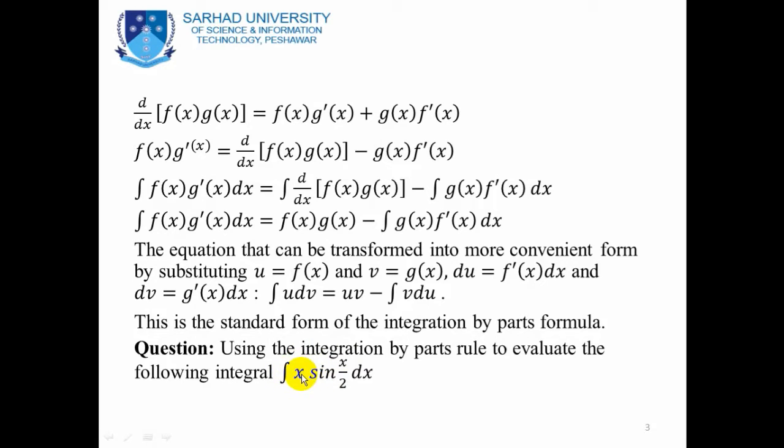So if we consider the polynomial as the first function, then since we apply the derivative on the first function in the formula, and by applying the derivative on the polynomial the power of the polynomial decreases, the product of two functions will not be present after applying the formula. So for this purpose, when polynomial and trigonometric functions are in multiplied form, consider the polynomial as the first function.